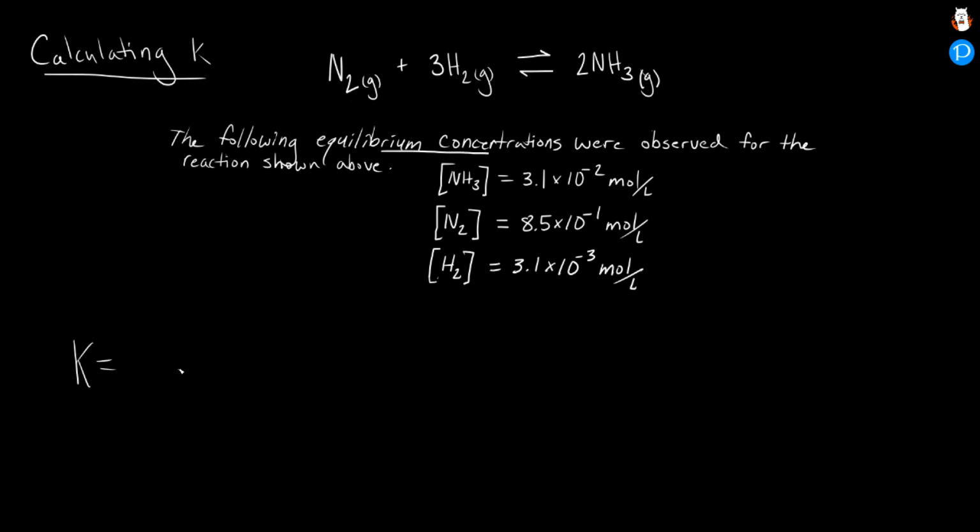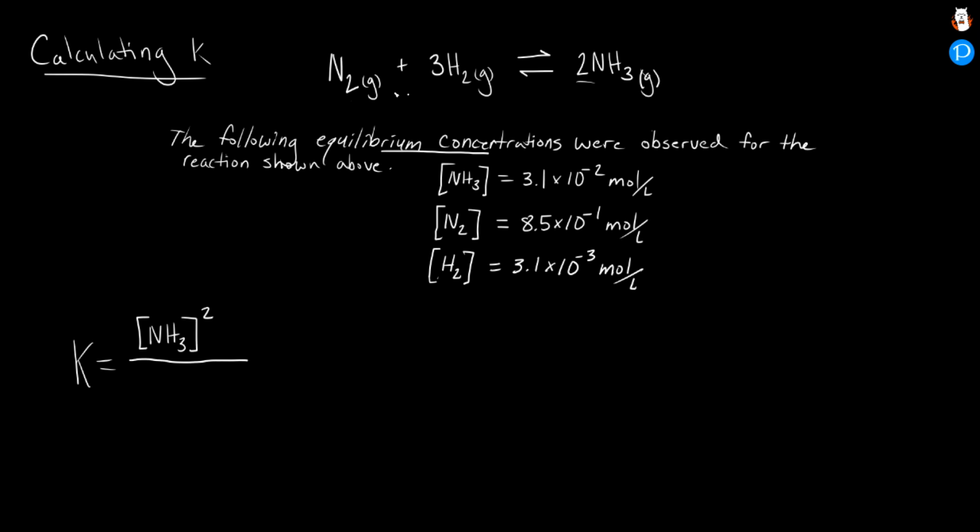So we learned this before, how to write that equilibrium expression. All we have to do is put the products over the reactants. So in this case, I have one product here, it's NH3. So we would write it as concentration of NH3 squared. Remember, we use the coefficient there to see what power to raise it to.